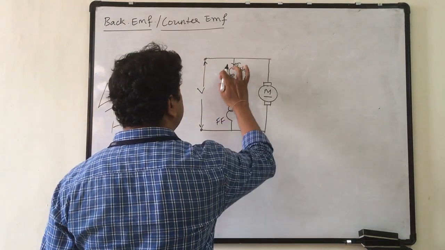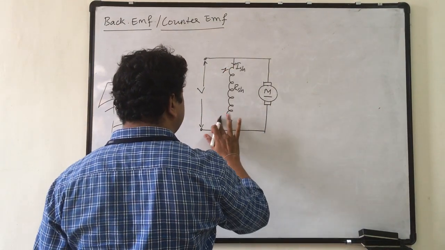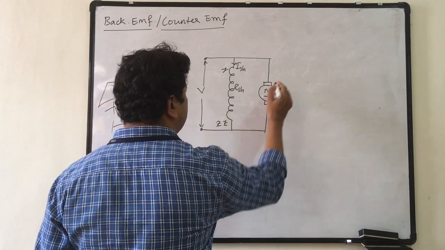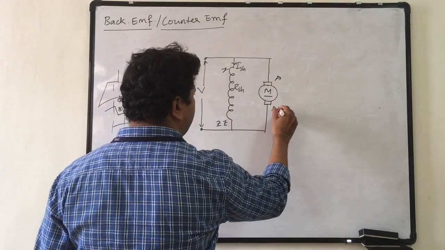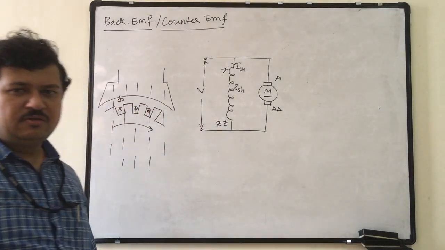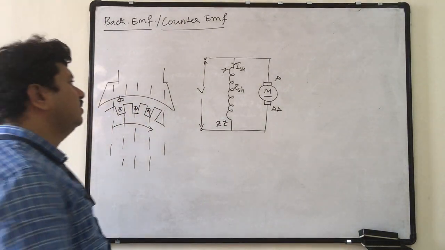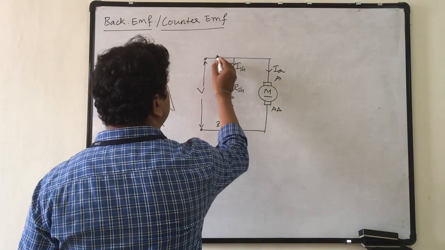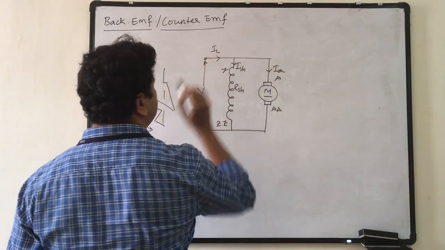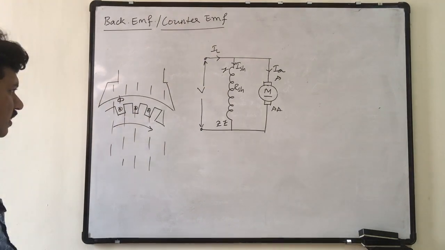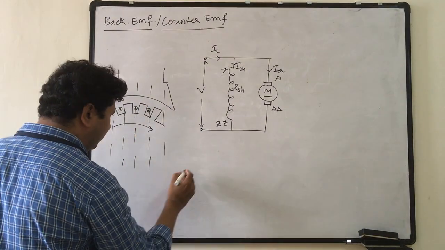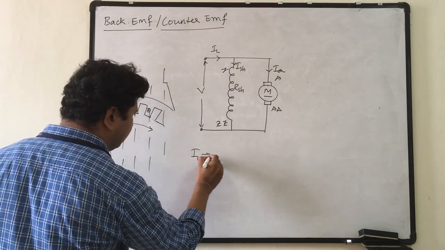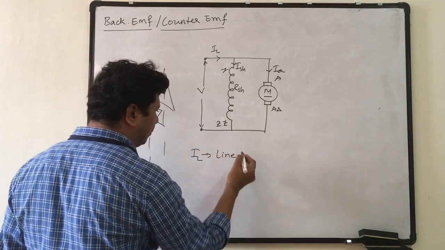This is A and A. Generator is the one which gives out the current. Motor is one which will receive the current. This is IL. So this is DC motor, where IL is line current, not load current now.